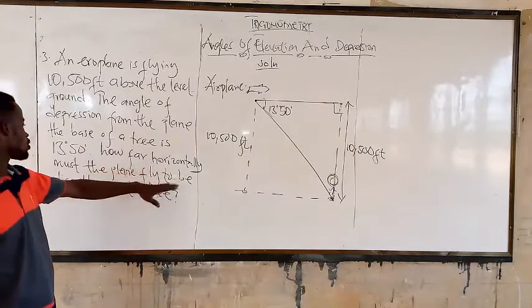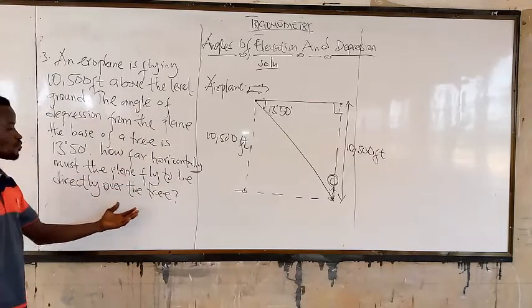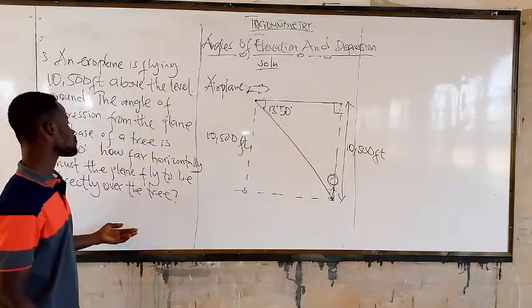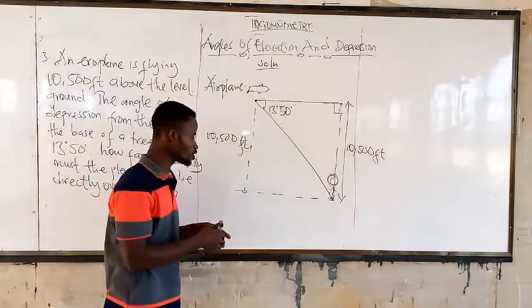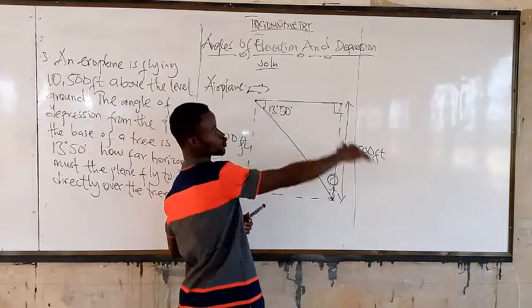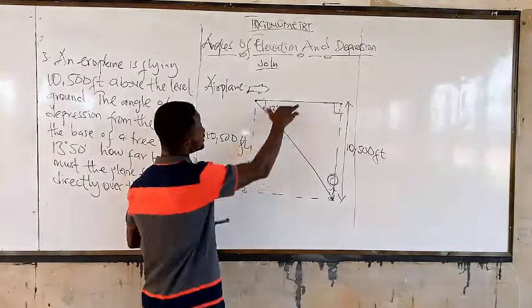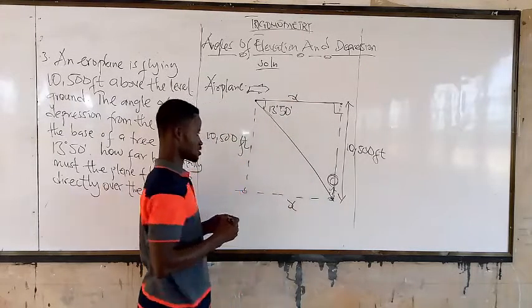How far horizontally must the plane fly to be directly over the tree? So the moment you hear horizontal, know that you're looking for what? This, the horizontal line. And this is opposite to this. So if here is x, here too is x.